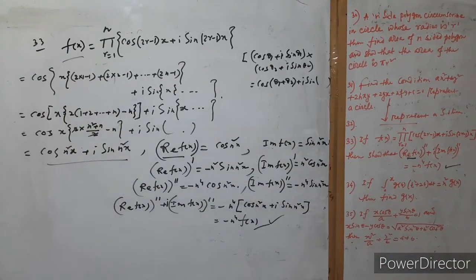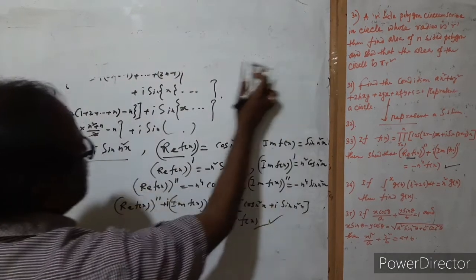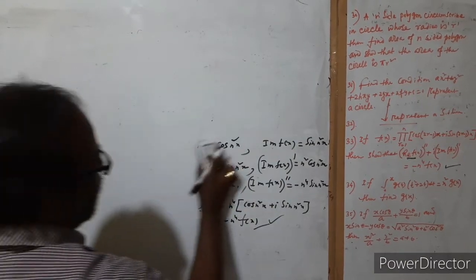Very interesting question, see carefully students. And now we have to follow question number 31, which I have done in my first video. So again I repeat this solution, see carefully.